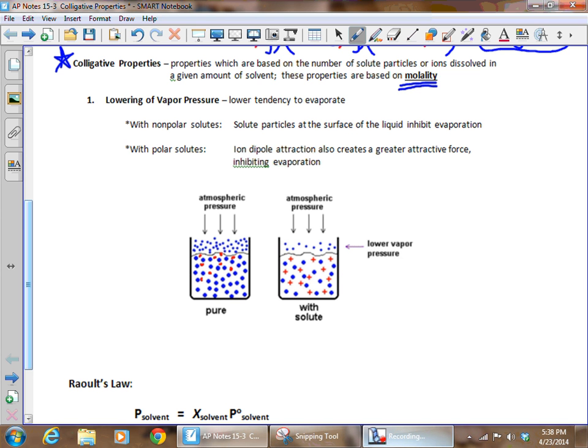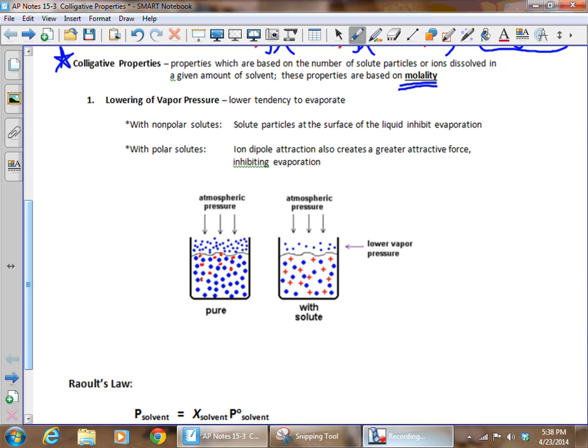Now, if you have a polar solute and you're in a situation where you have a polar solvent like water, then you're dealing with ion-dipole attraction. So in this case, let's say we've got positive sodium in here along with the water molecules.